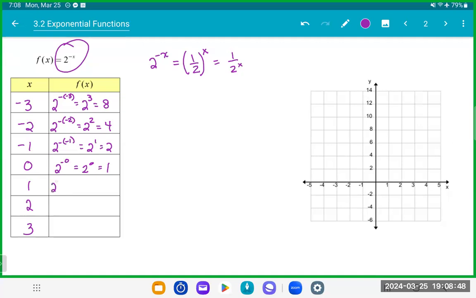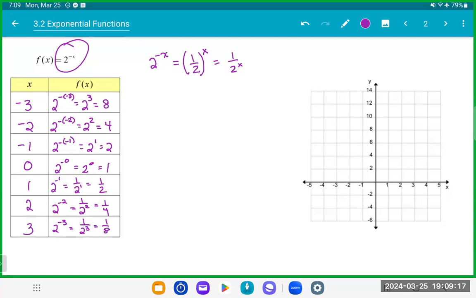This is going to be 2 to the -1, which is 1 over 2 to the 1, which is 1/2. This is 2 to the -2, which is 1 over 2 squared, which is 1/4. And this is 2 to the -3, which is 1 over 2 cubed, which is 1/8.